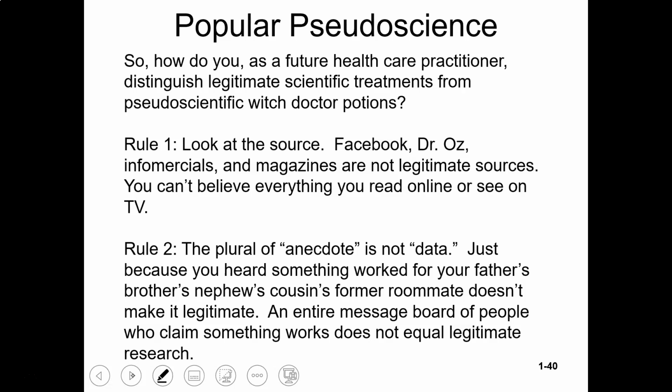The next thing is the plural of anecdote is not data. Data is not the same thing as a bunch of people telling their story. Well, that worked great for me. I read some anecdotes once about narcoleptics. Narcolepsy is a sleep disorder where you fall asleep a lot. We'll talk about it when we get to sleep.